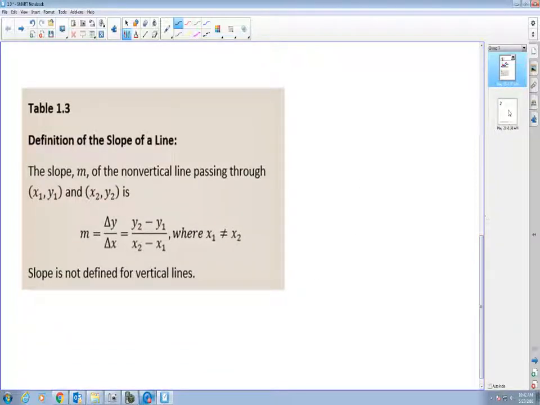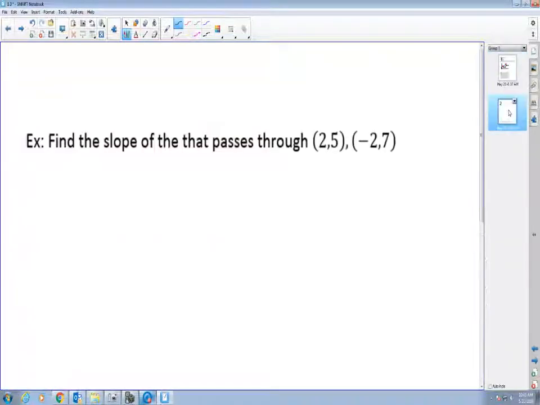So real quick, let's do some examples. If I want to find the slope of a line that passes through these 2 points, using the formula, I'm going to say the first point I listed is x1, y1, the second point is x2, y2. The slope formula m says take your y2, 7, minus the y1, 5.